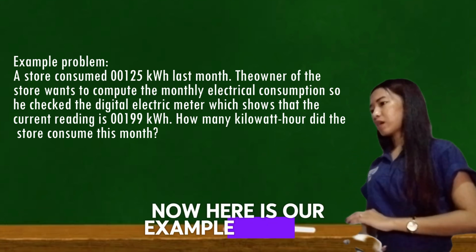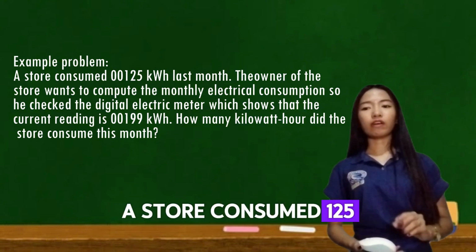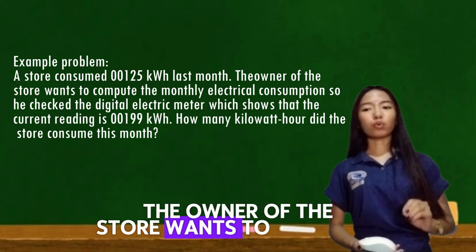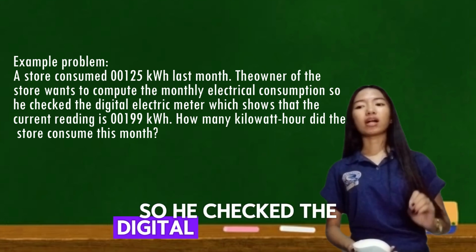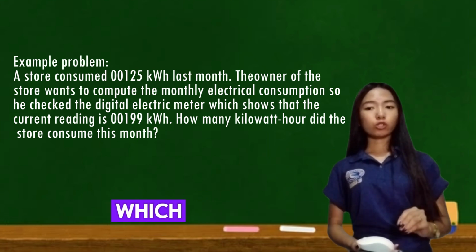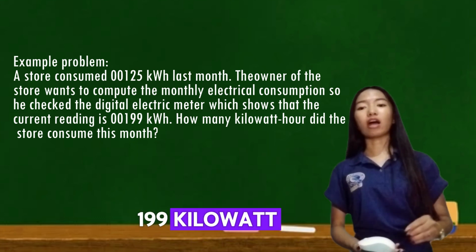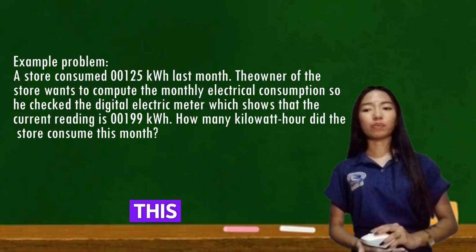Now, here is our example problem. A store consumed 125 kilowatt hour last month. The owner of the store wants to compute the monthly electrical consumption, so he checked the digital electric meter, which shows that the current reading is 199 kilowatt hour. How many kilowatt hour did the store consume this month?